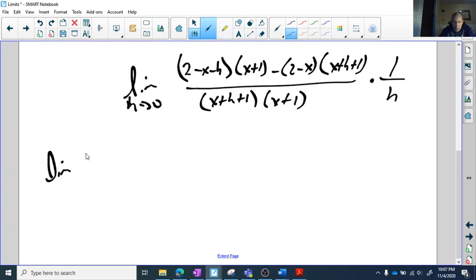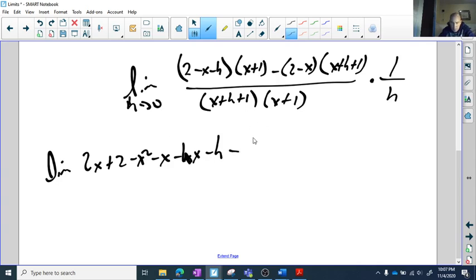So 2 times x, 2x. 2 times 1, plus 2. Minus x times x, minus x squared. Minus x times 1, minus x. Minus h times x, minus hx. Minus h times 1, minus h. Now the key here, see this negative?